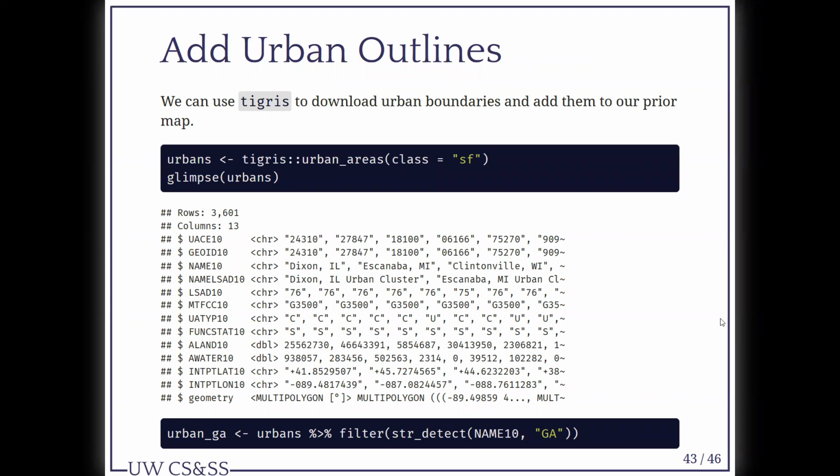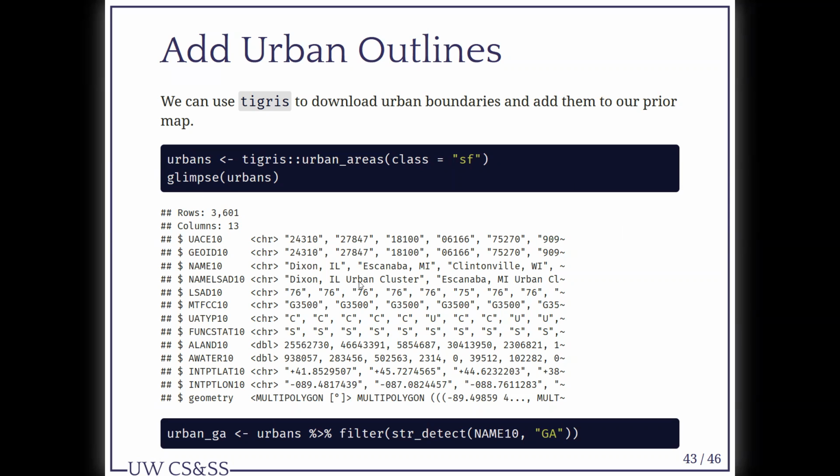So we can add urban outlines. You can use the tigris package to download urban boundaries and add them to our prior map. So we'll assign to the urbans object the tigris package urban_areas function, and class equals sf. And this is just going to give us all of the urban areas, more or less.